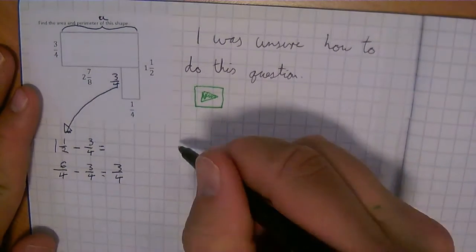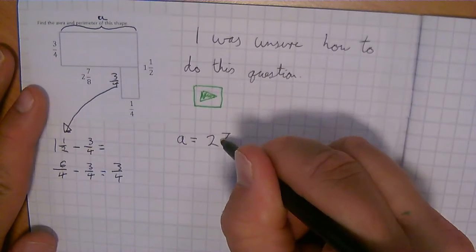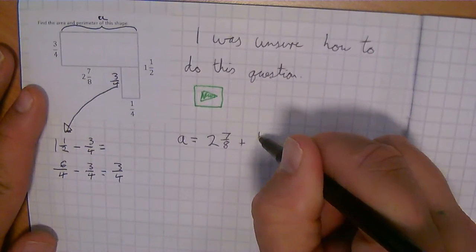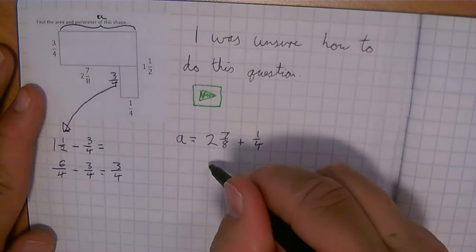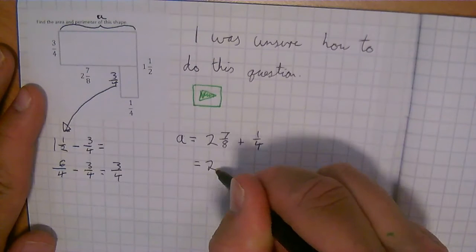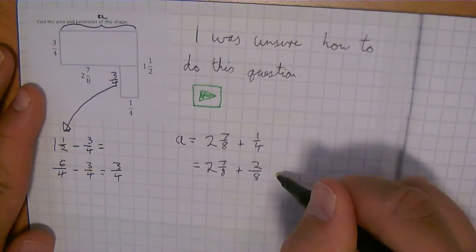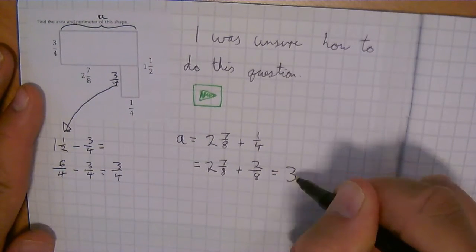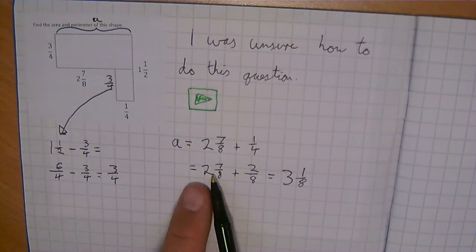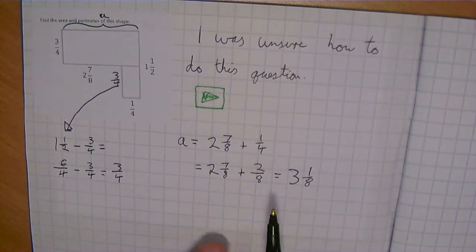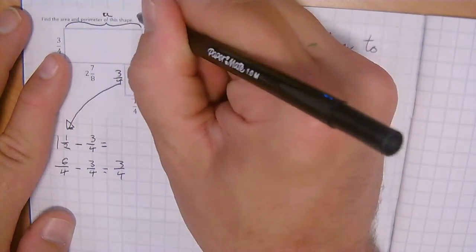So I'm going to say that A equals 2 7/8 plus 1/4. I'm going to change that quarter into eighths to help me do this. So that is equal to 2 7/8 plus 2/8, which is 3 wholes and 1/8. If I add one more eighth, I'm up at 3 wholes and I've got one more eighth left. So this side length here is 3 1/8.